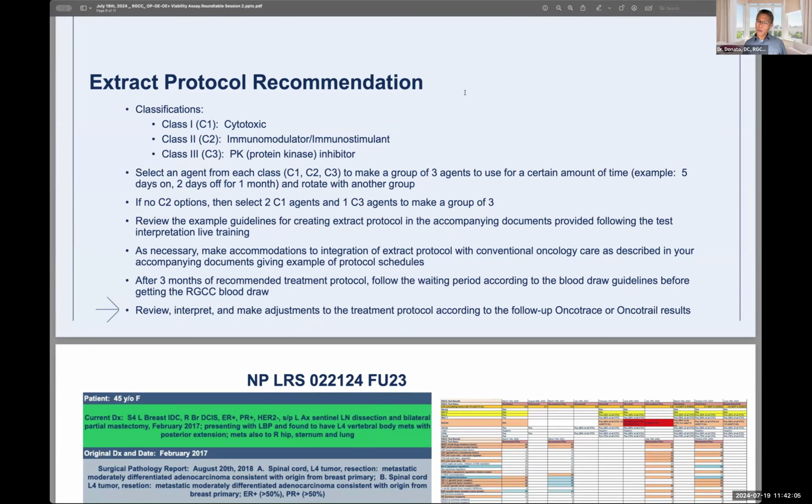So if you want consistent results, use the one that's recommended by RGCC. It's in your documentation, listed with links or references. Use them because they are the ones we've been using all this time. Don't just pick your own agent because it has the same name, perhaps a different brand, and then point at us and say, how come it didn't work? Well, are you using the ones that we're using? Keep that in mind, okay?